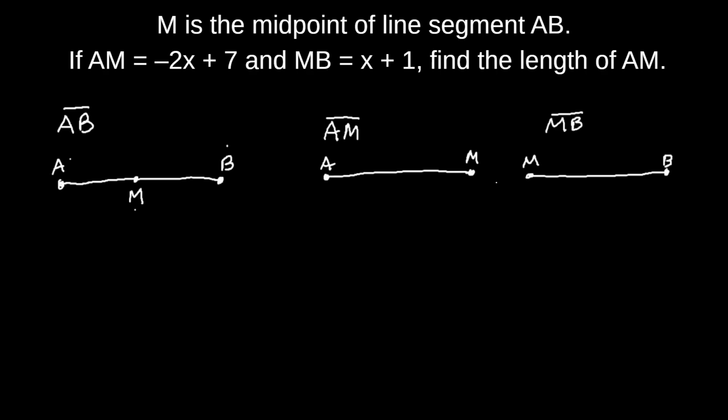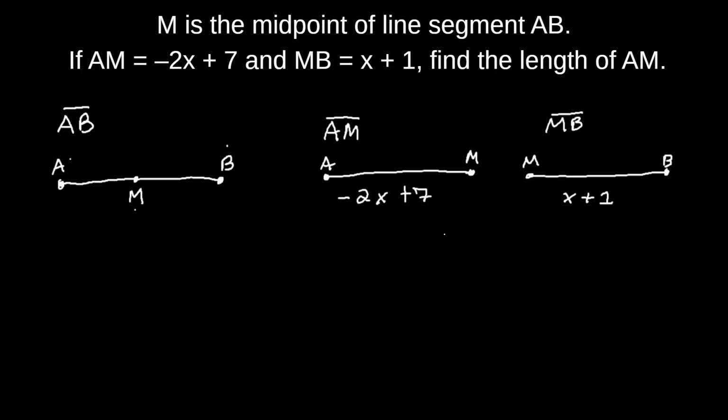So here, as you see, we have two segments, and we were given two equations. What is the equation of segment AM? The equation for AM is negative 2x plus 7, and the equation for MB is x plus 1.